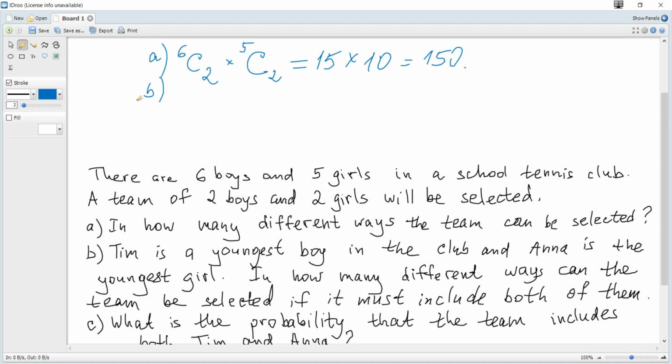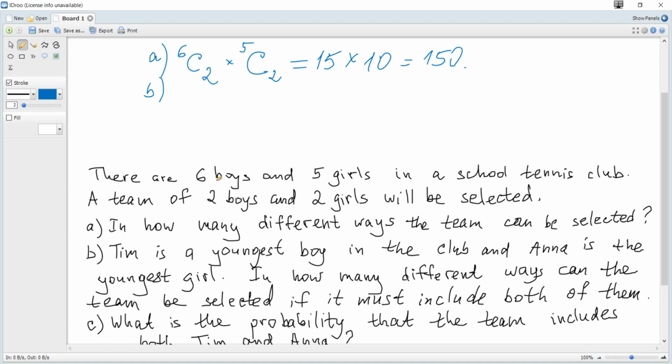B. Tim is the youngest boy in the club and Anna is the youngest girl. In how many different ways can the team be selected if it must include both of them? So Tim should be chosen and Anna should be chosen, but we still need 2 boys and 2 girls. So if Tim is already chosen, we need 1 remaining boy to be chosen out of 5.